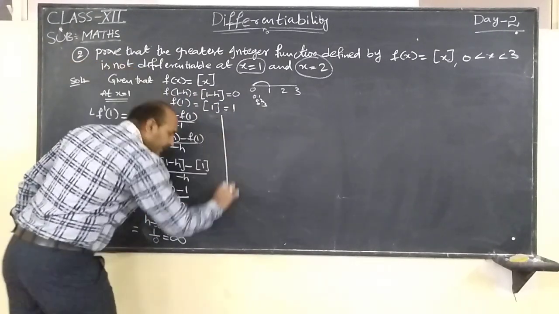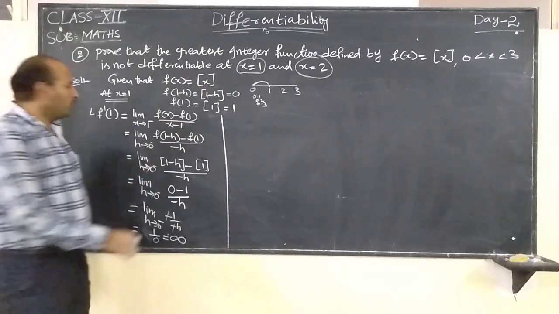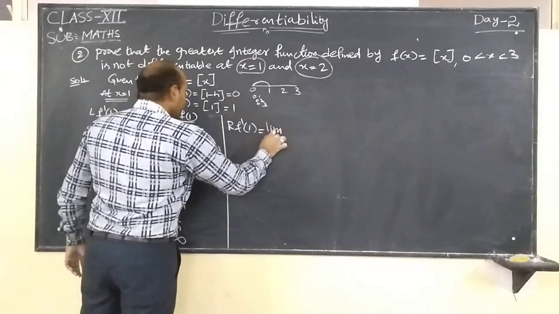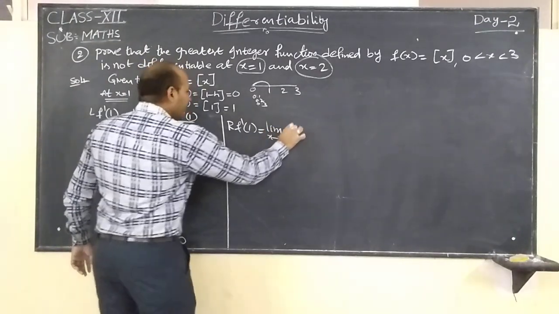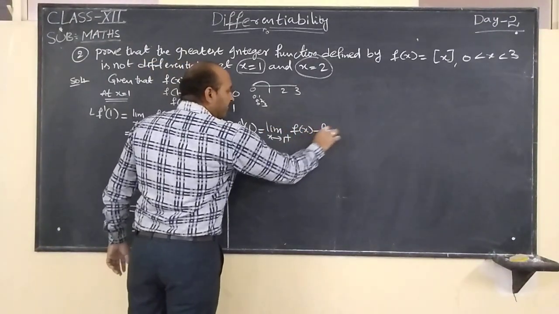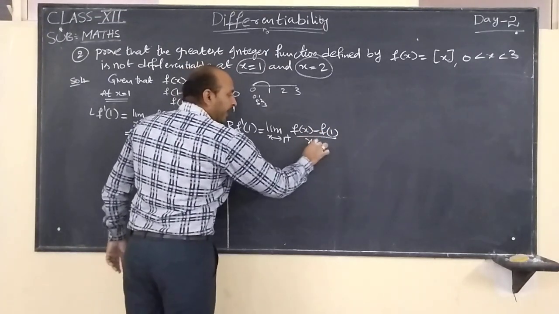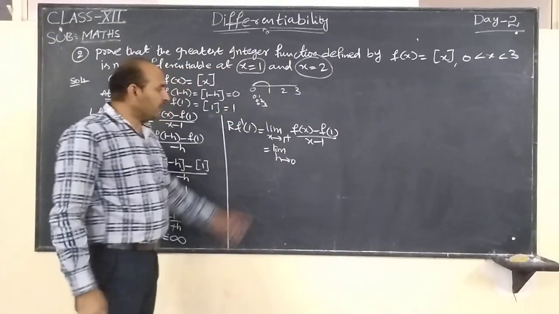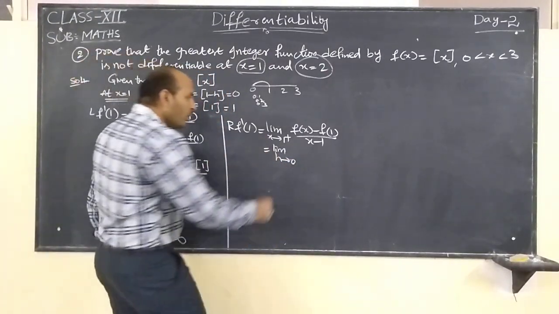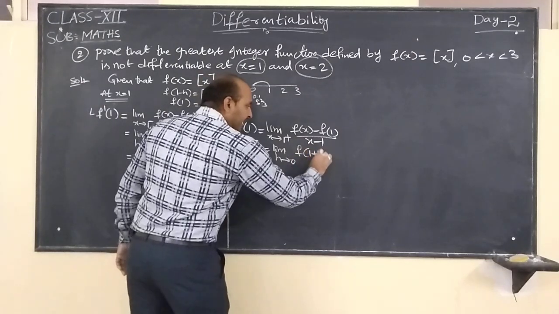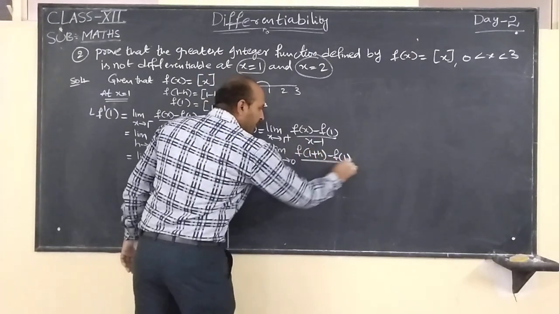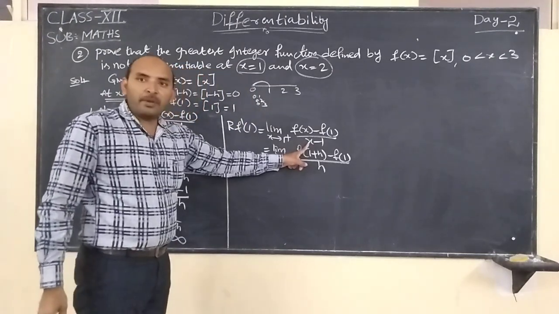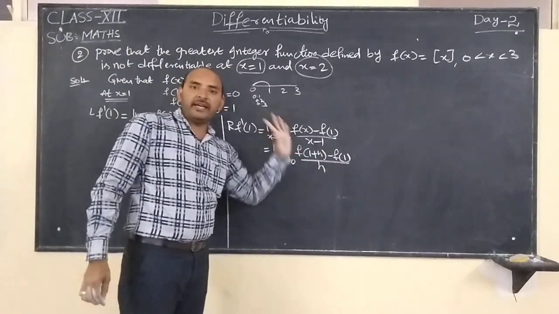Same thing, the right derivative at the point x equal to 1. Right derivative at 1 is equal to the limit as x tends to 1 plus of (f(x) − f(1)) divided by (x − 1), which is equal to the limit as h tends to 0. Instead of this I am writing the limit as h tends to 0 of (f(1 + h) − f(1)) divided by h, where x becomes 1 + h, and 1 − 1 cancels, so you can write plus h.